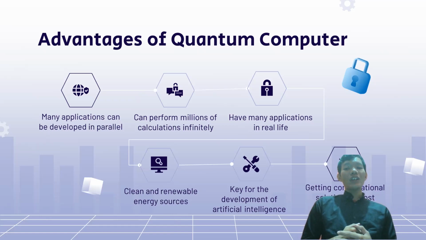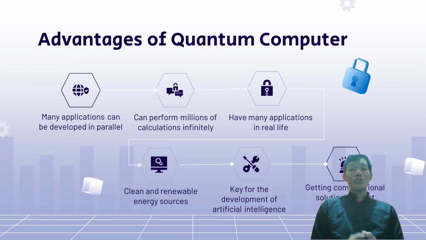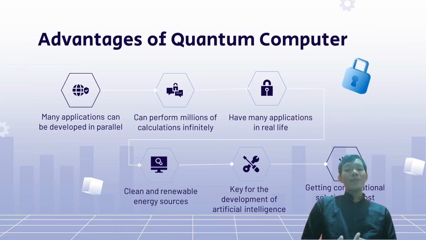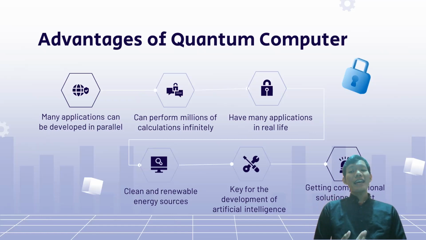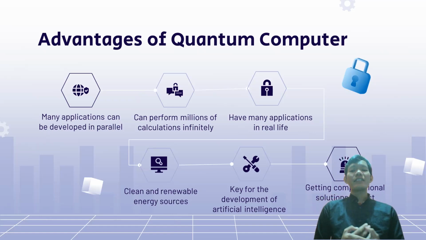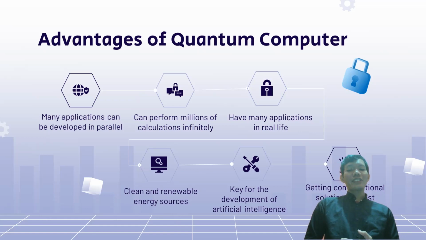The advantages of a quantum computer include: first, many applications can be developed in parallel. Second, it can perform millions of calculations infinitely and simultaneously. Third, in real life, quantum computers have many applications, especially in the field of medicine.